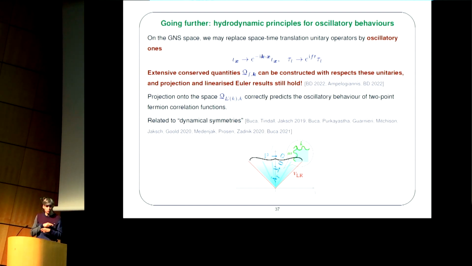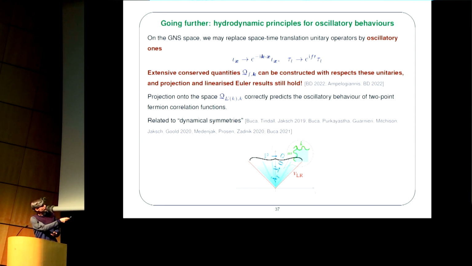And you can redo the full construction of Euler hydrodynamics based on oscillatory space-time translations. If you do that, what you get is hydrodynamic projection on arbitrary frequency and wave number, and you get back, in the free fermion model, the correct prediction that you have oscillatory behavior of the fermion two-point function in space-time with the right oscillation, with the right dispersion relation.